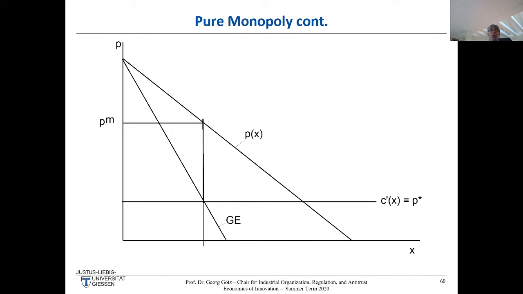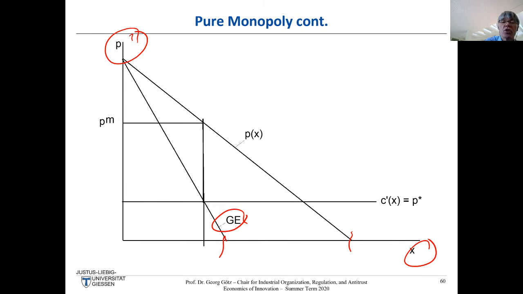What I want to do as a start, we will discuss that in much more detail later. Here's just a standard diagram you use here. GE means Grenzerlös. This is marginal revenue, which has twice the slope of the demand curve. Here you have X, the quantity, on the X-axis and P, the price, on the Y-axis.